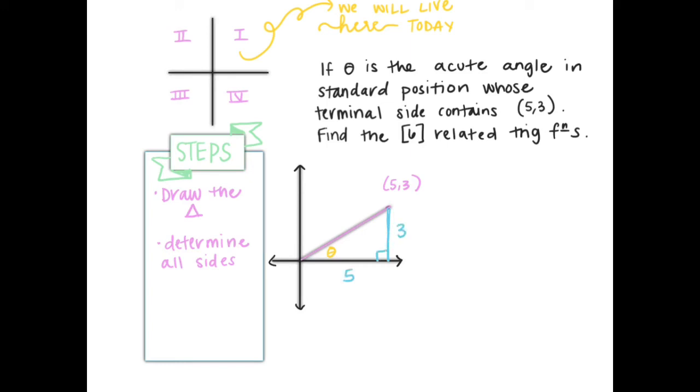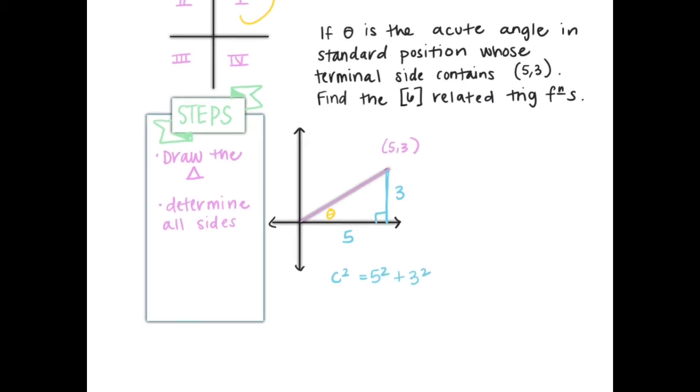So 5 is going to be my horizontal distance, 3 is going to be my vertical distance. Now we have to figure out how we're going to do that hypotenuse. You can either use 45-45-90, 30-60-90, Pythagorean triples, or our good friend, the Pythagorean theorem. So for this particular problem, I have to work out the Pythagorean theorem, and I find that the missing side is root 34.